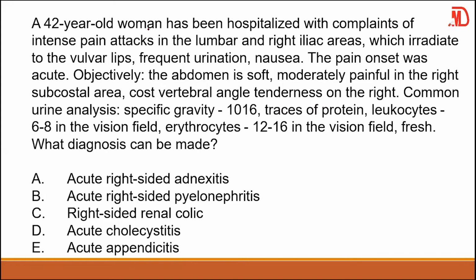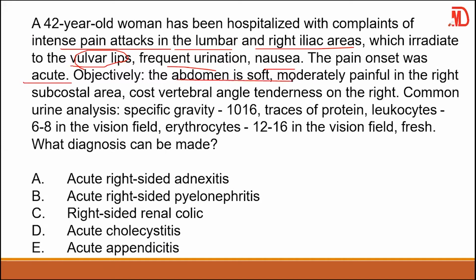Now, a 42-year-old woman has been hospitalized with complaints of intense pain attacks in the lumbar and the right iliac areas, which irradiate to the vulvar lips. Anytime I remember lips, I remember botulinum glands. Okay, now frequent urination, nausea. The pain onset was acute.